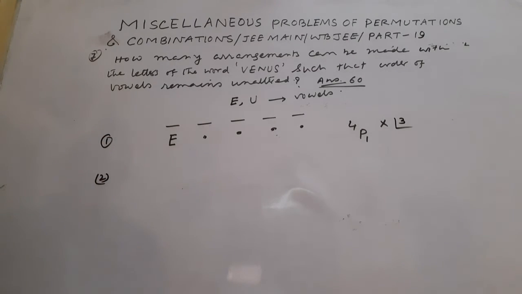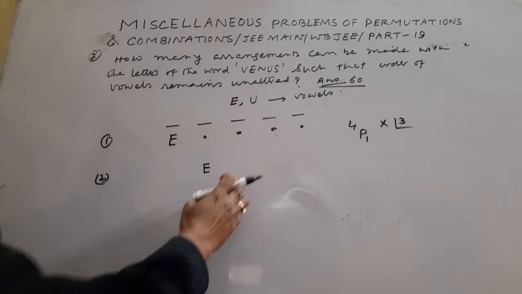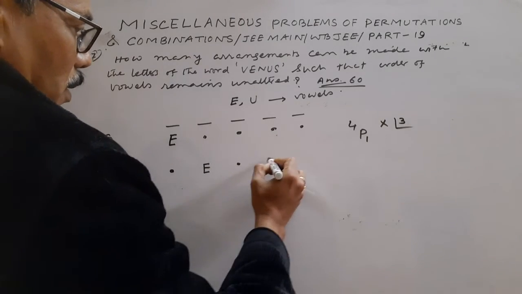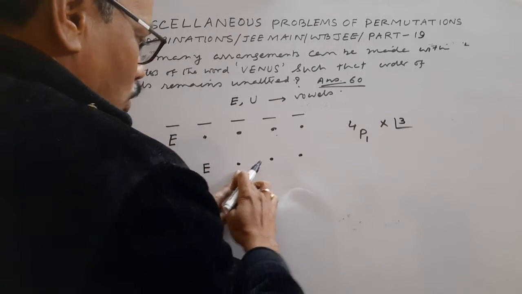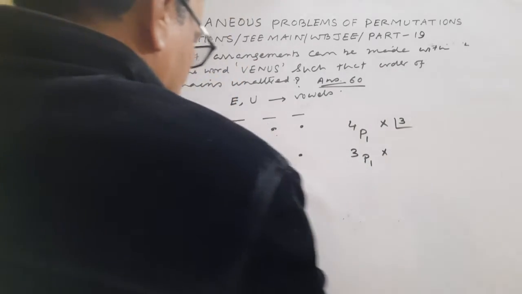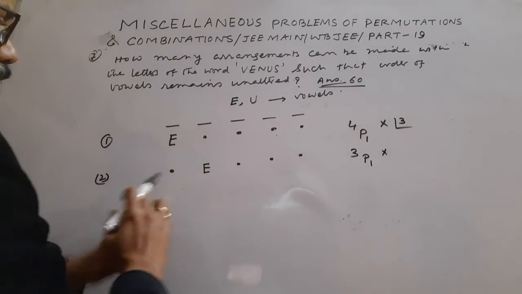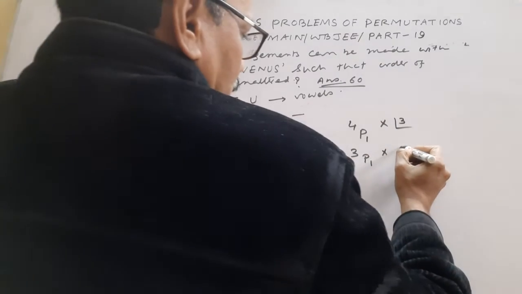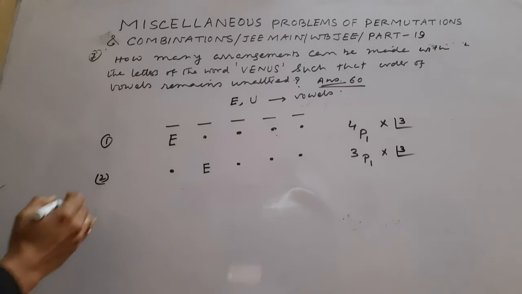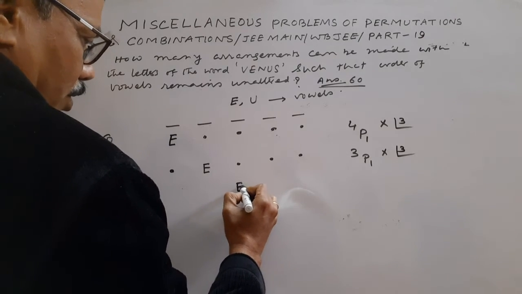Now case 2, if E is at the second position, U cannot be here. So the position of U out of 3 places is 3P1, and consonants can take anywhere, so this is factorial 3. Now case 3, E in third place.